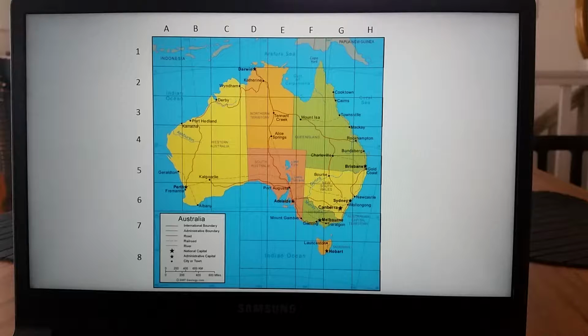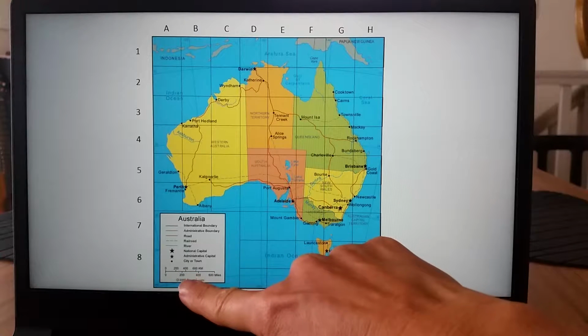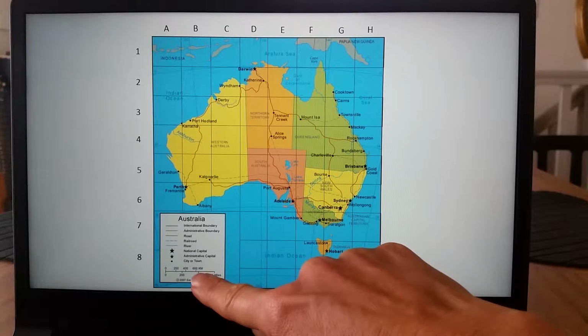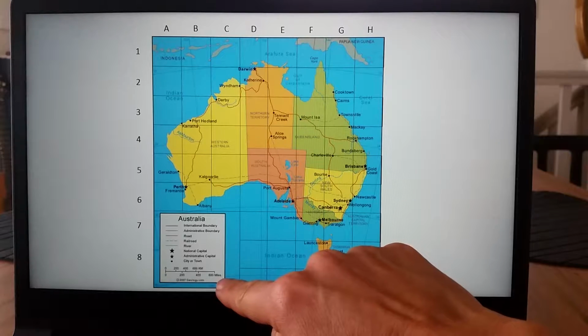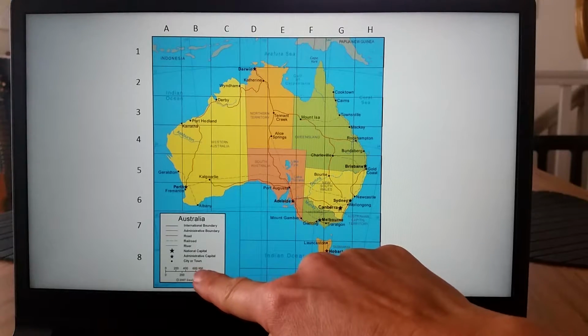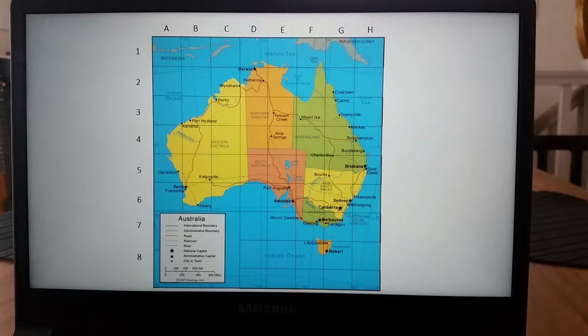So what we need to do is use the scale provided. Now on this map, the scale is down here, and it's giving us distance in kilometers and miles. But for this lesson, we're only going to be using kilometers.